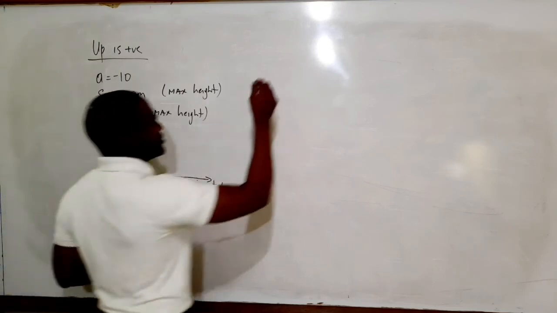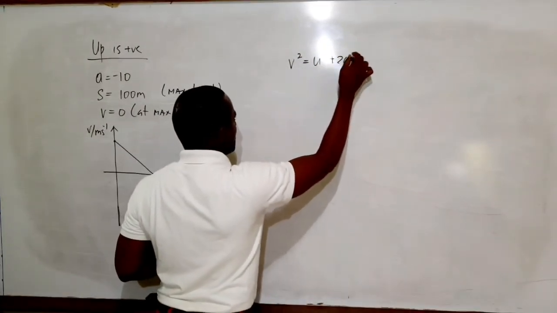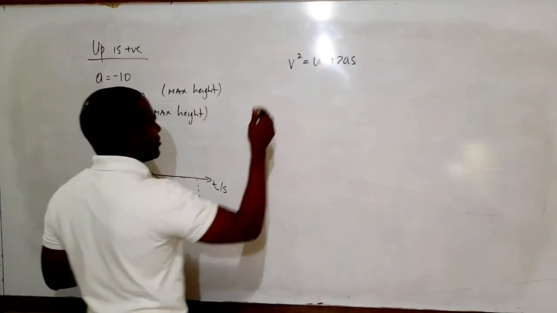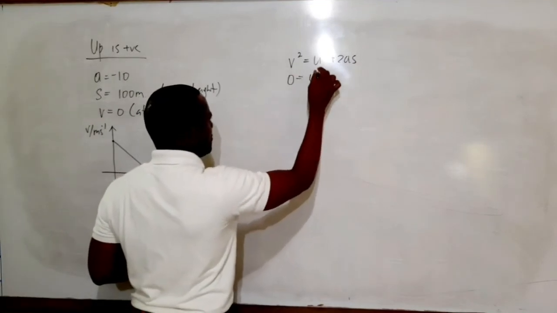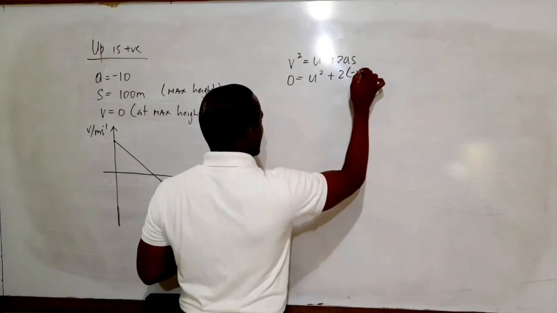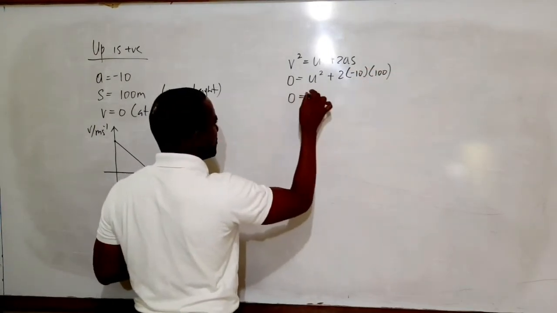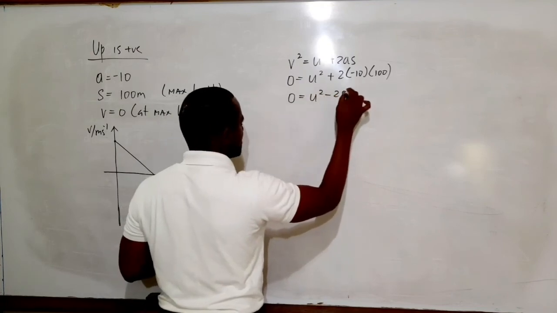So we're going to use the equation V squared is equal to U squared plus 2AS. So we have 0 is equal to U squared plus 2 times minus 10 times 100. So we get 0 is equal to U squared minus 2000.